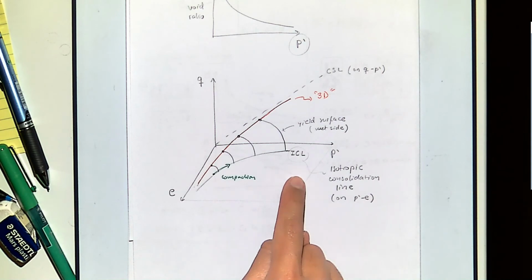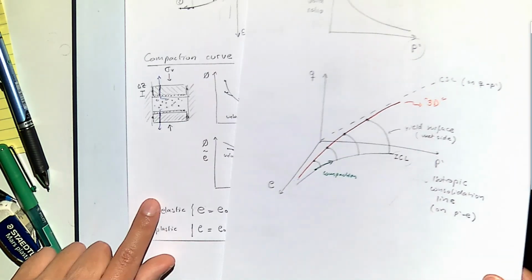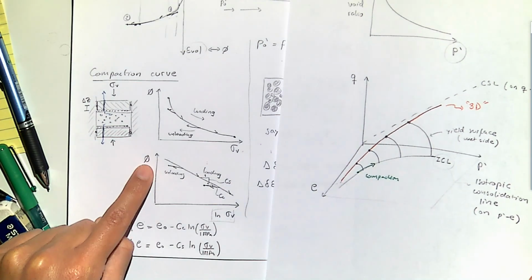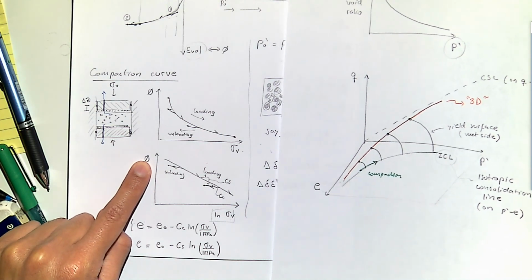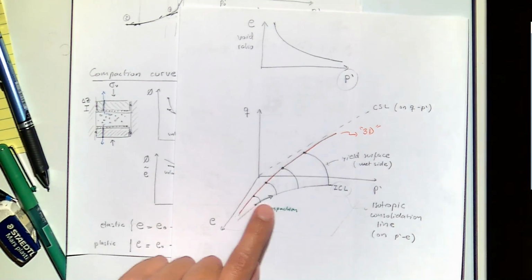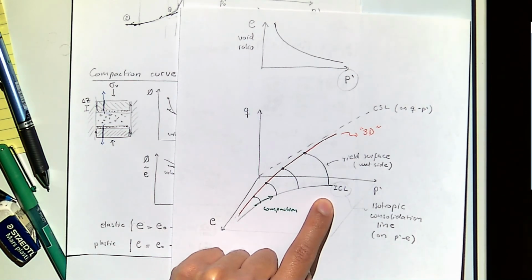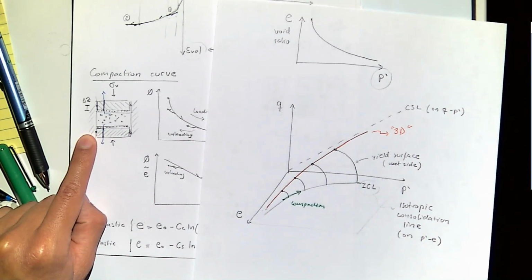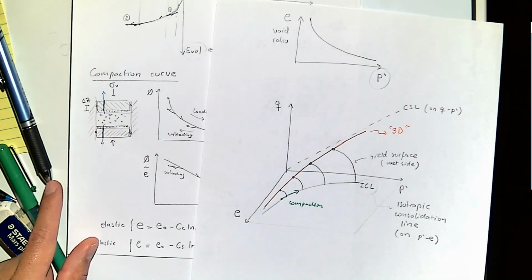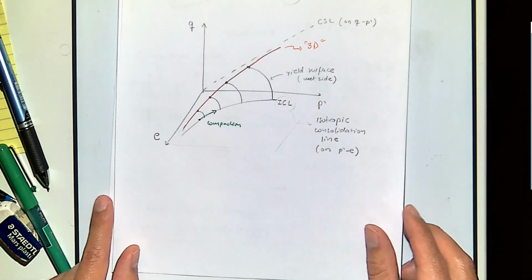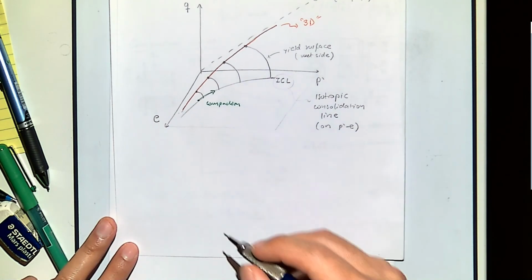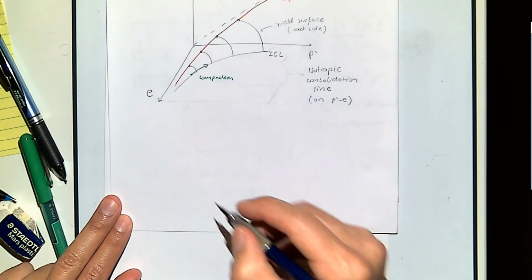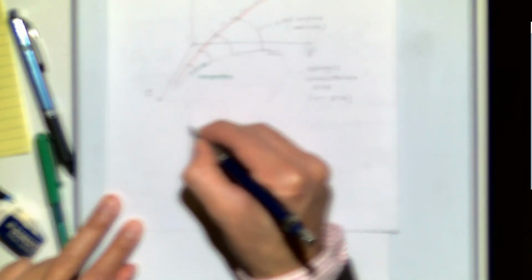But remember that that isotropic consolidation line is not the same as this 1D strain line. And the stress path of compaction in the isotropic consolidation line is not the same as the stress path that goes into 1D strain. And that's very clear when it's kind of difficult to make it in 3D, but 2D is a little bit easier.